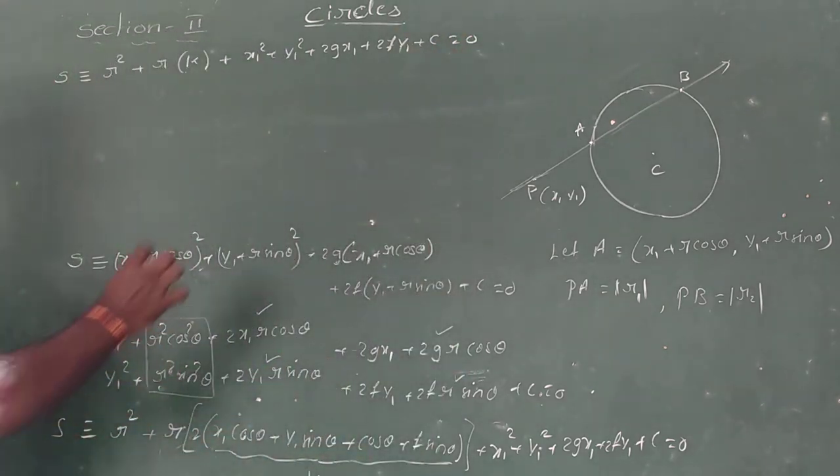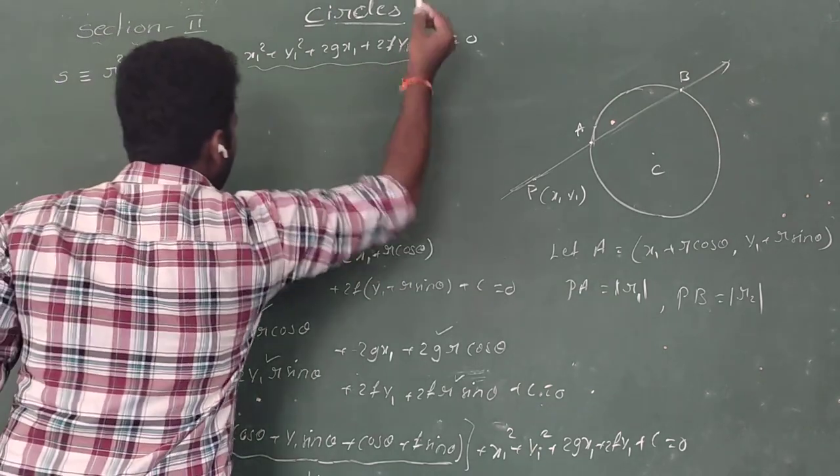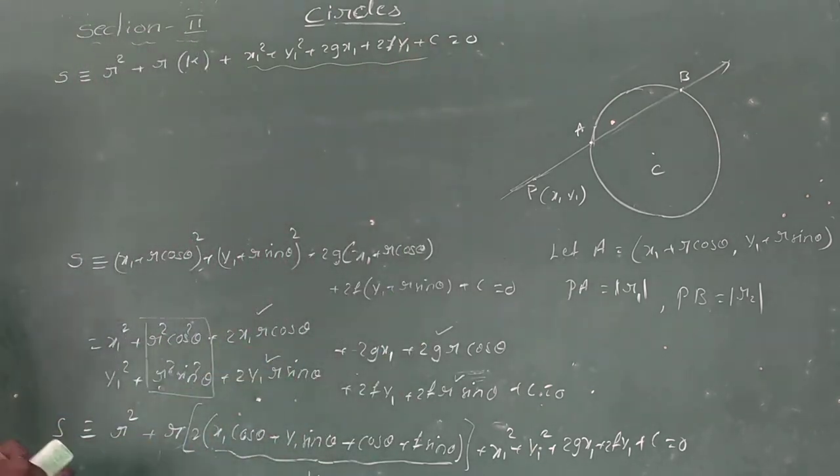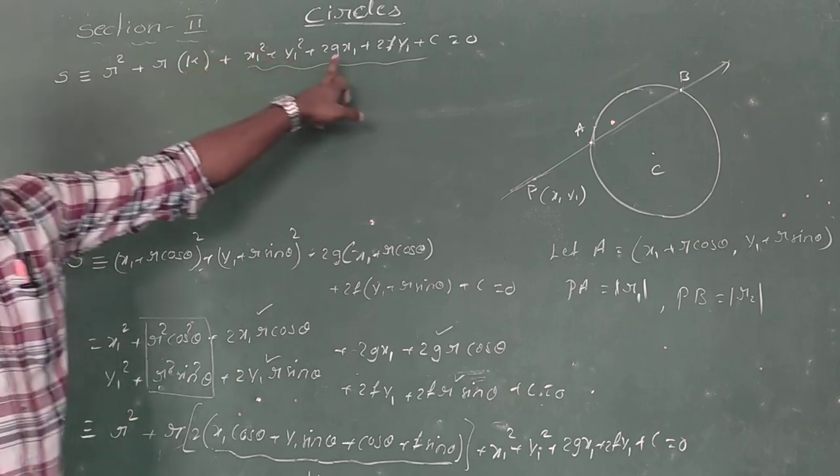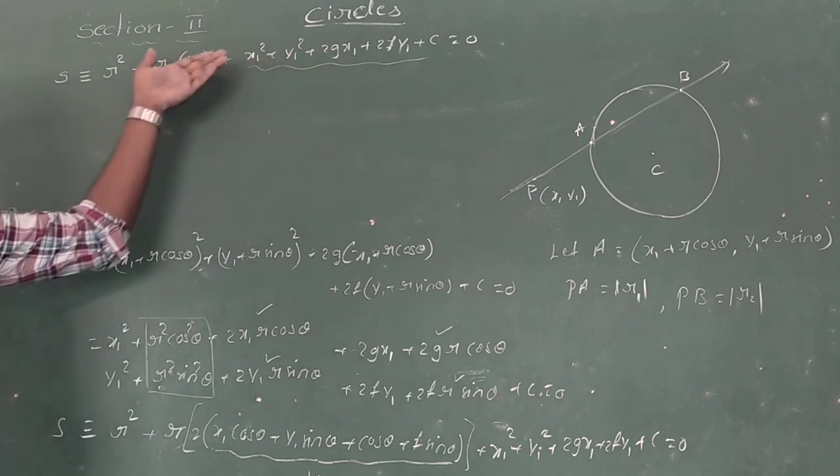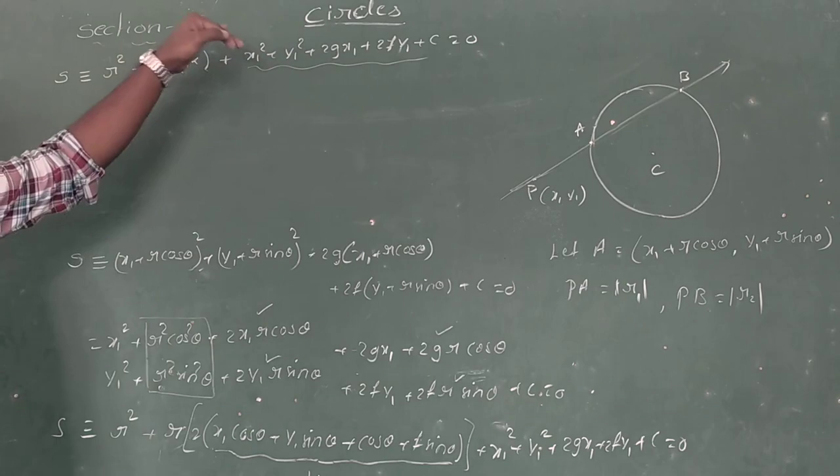Looking at this overall, without the r term, it is a constant. So r square, r into k, some constant: it's like a quadratic equation in terms of r.